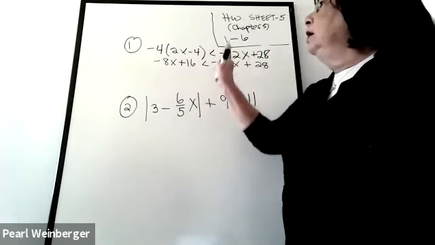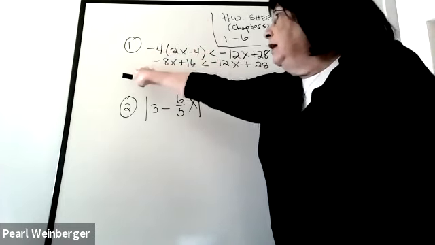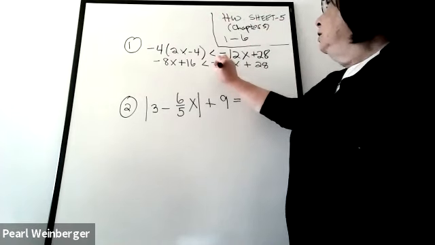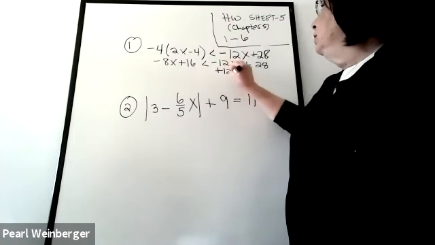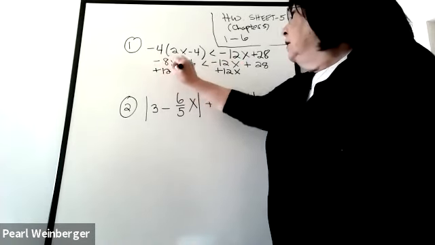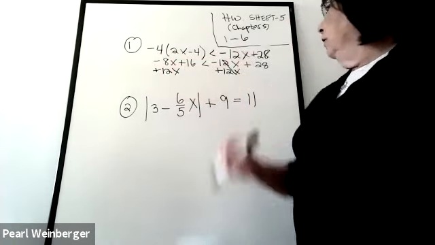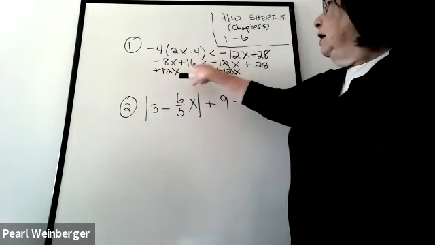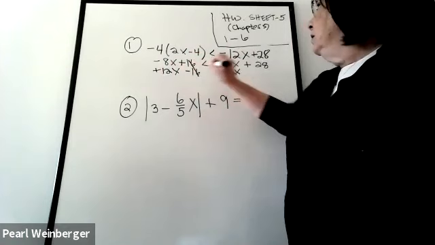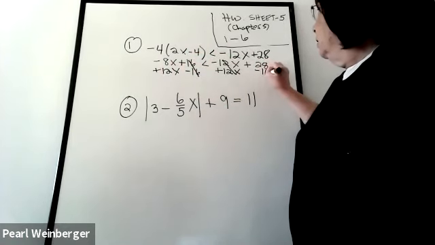And we always want to get the x's on the left side and the numbers on the right side. So I'm going to add 12x to both sides. That'll get rid of the 12x over here. And I'll subtract 16 from both sides to get rid of the 16 over here.